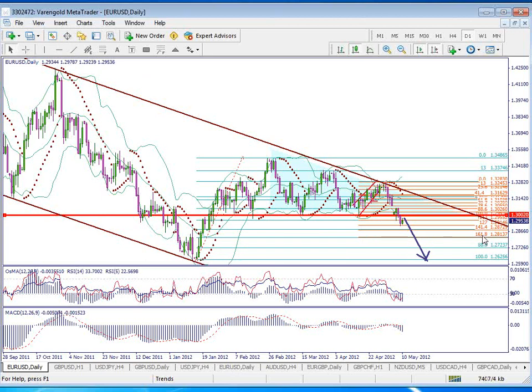Probably at 161.8 Fibonacci level on the last wave will be one swing, and the pair probably will target this value.